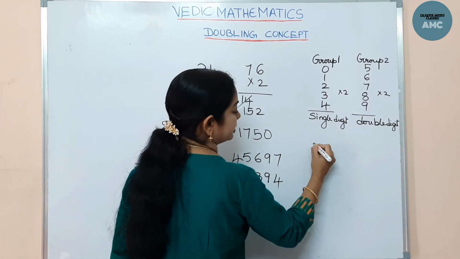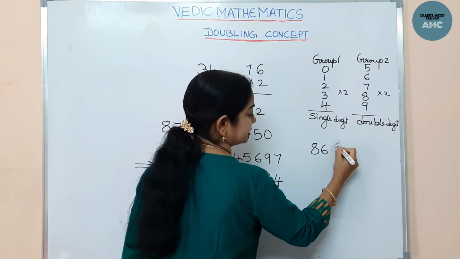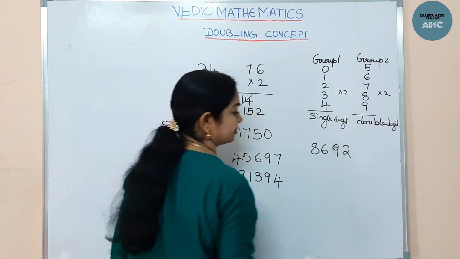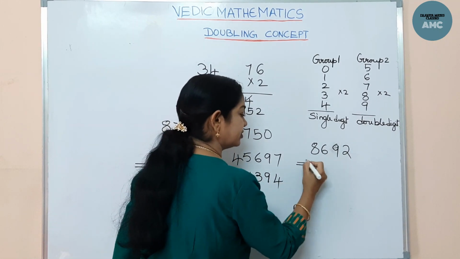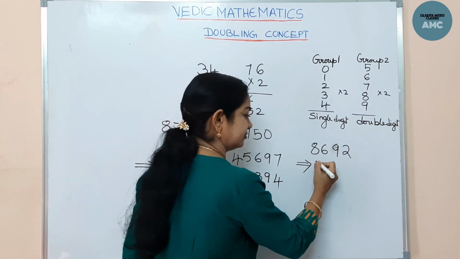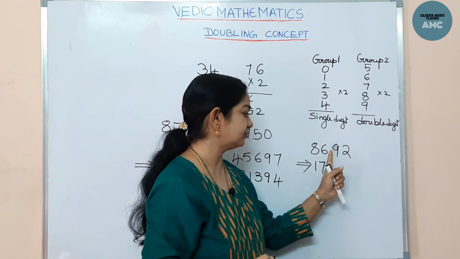If you take 8692, a mixture of group 1 and group 2, let us take. Now I want the double of this number. 2 8s are 16, but 17, okay? Now why 17?